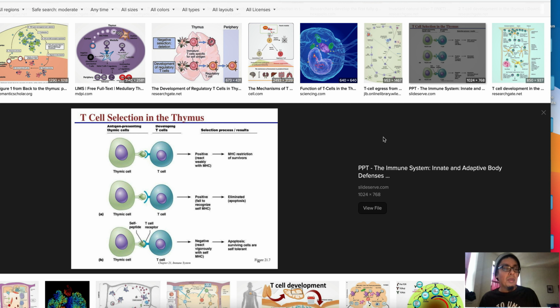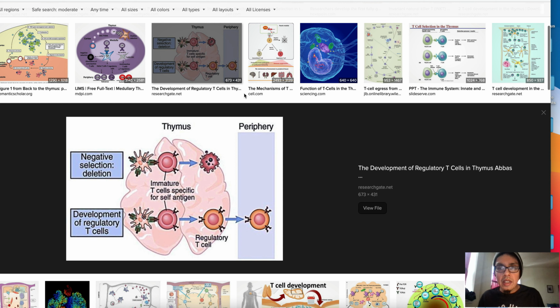B cells originate in the bone marrow, T cells originate in the bone marrow. T cells, though, leave the bone marrow eventually, and they go into your bloodstream, and they float all the way into the thymus. The thymus has specific ways that the T cells get in, through these entry and exit regions called HEVs.